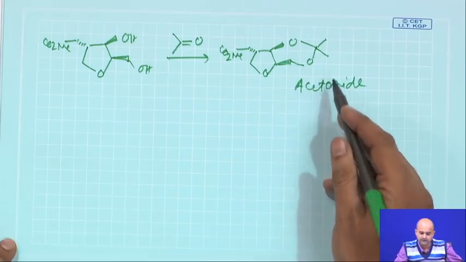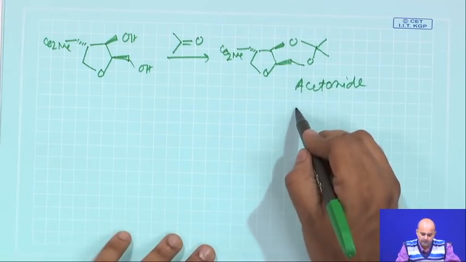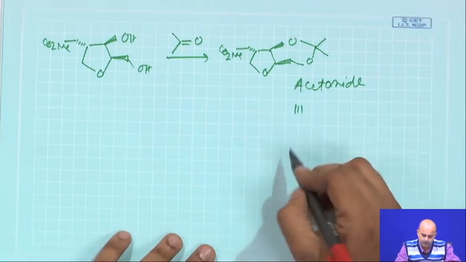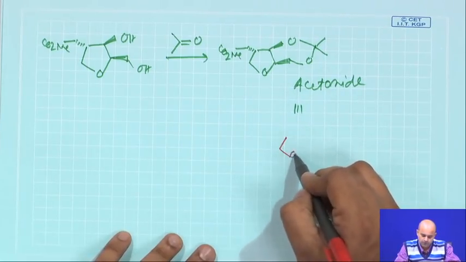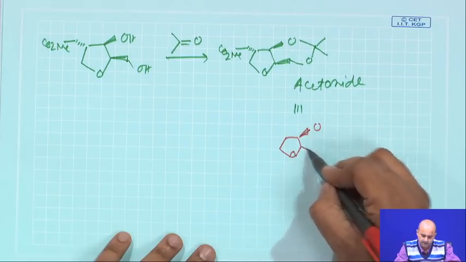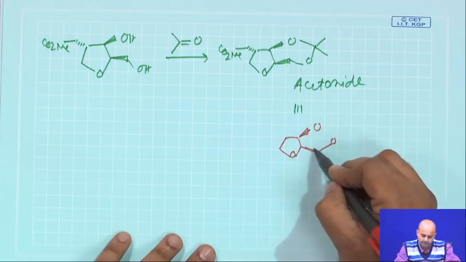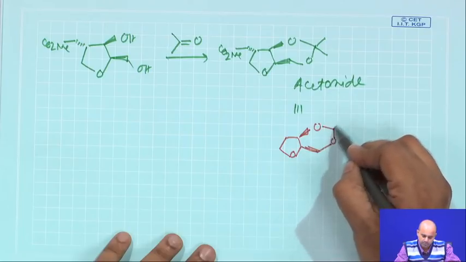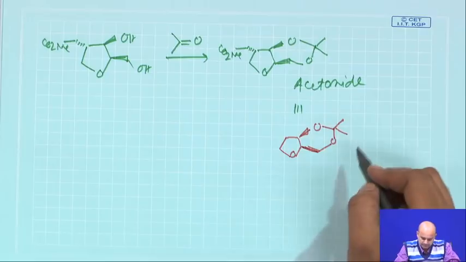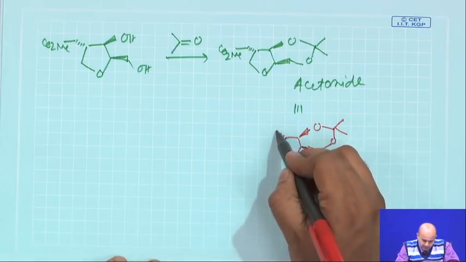We can write this acetonide structure in a more convenient way, which looks much easier. In reality it is a 6-membered ring. Okay. Now we get the 6-membered ring, and then this part remains.